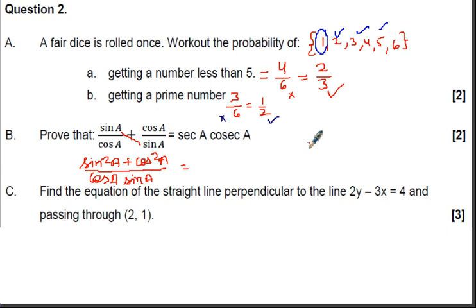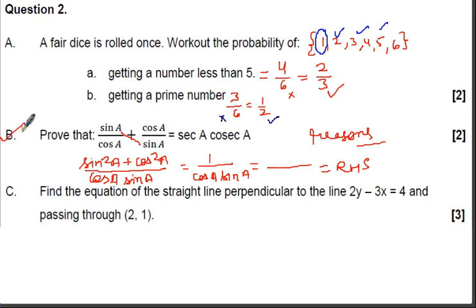You can write the reasons. Please make a habit of writing reasons, especially in trigonometry and circle. So it will come 1 upon cos A sin A, and then you can separate them. So 1 upon cos A into 1 upon sin A, which is your right hand side. Sec A into cosec A.